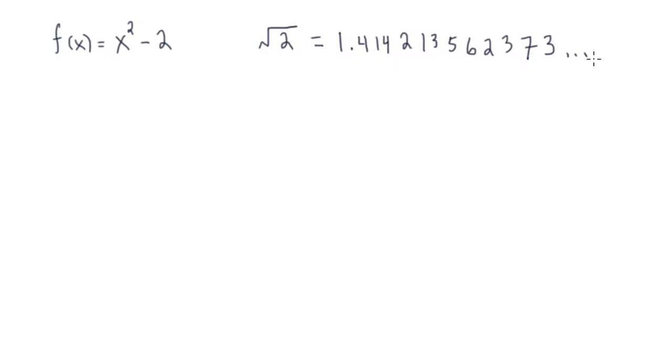So here's something to think about. If we get an approximation that's accurate up to this many decimal places, that is as accurate as we will ever need to be for pretty much any application.